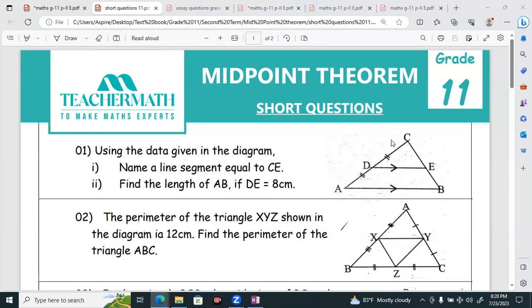How do we detect this? It is given that the two sides on either side of the point D are equal, and the straight line segment drawn from that midpoint to the other side is parallel to the next side.